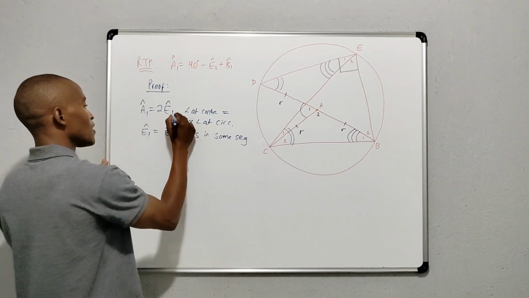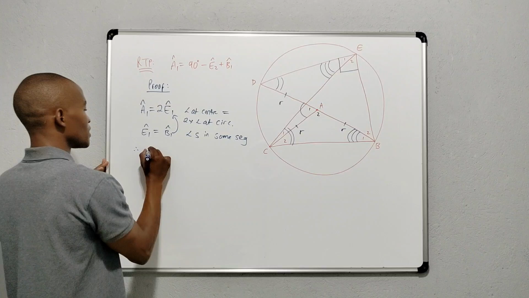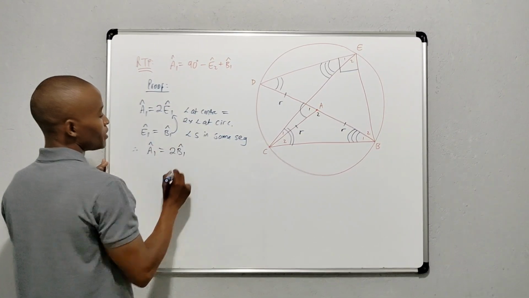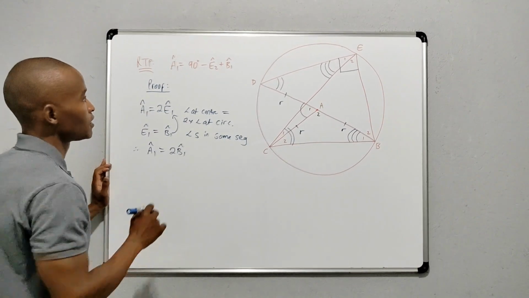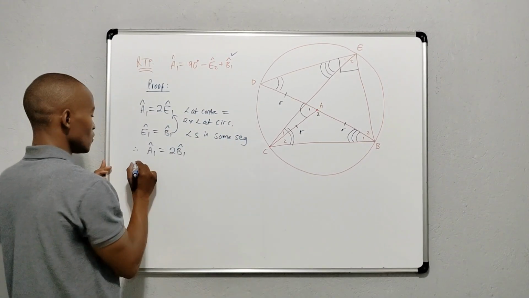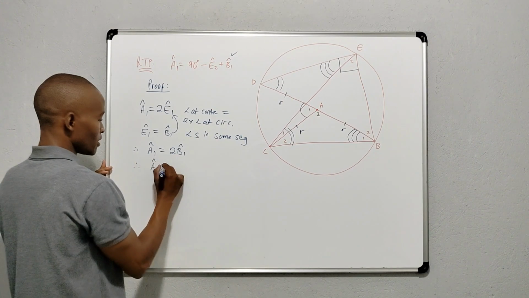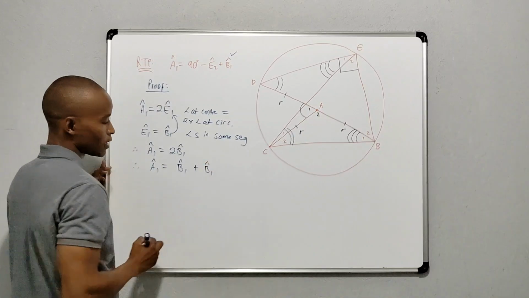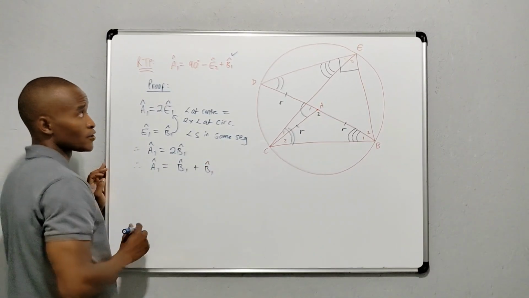Therefore, angle A1 is equal to 2 times angle B1. Do we have B1 there? Yes. However, we don't have 2 times B1. What can we do? We can write it like this: angle B1 plus angle B1.